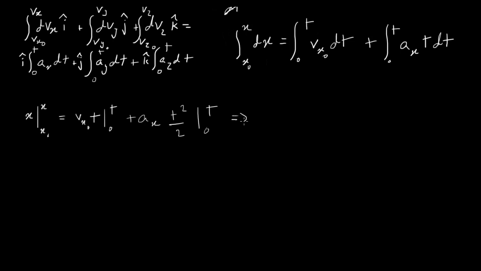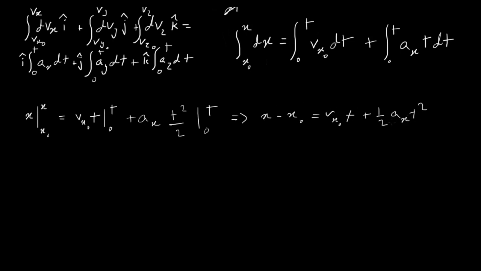Now therefore x minus x naught equals vx naught times t plus half ax t square.